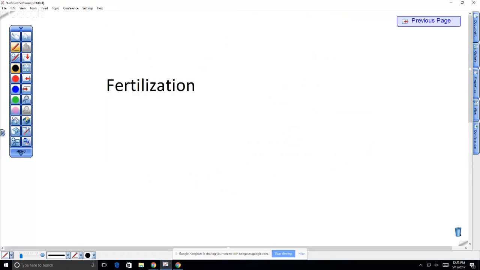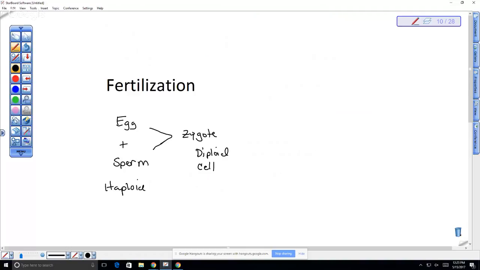Okay. So fertilization. When the egg and the sperm come together, they produce the zygote. Remember that the egg and the sperm are haploid cells, and the zygote is a diploid cell. It's interesting, the whole mechanism of fertilization.